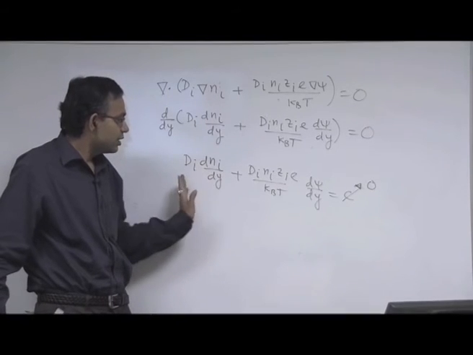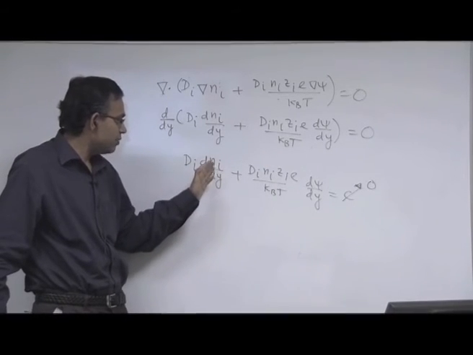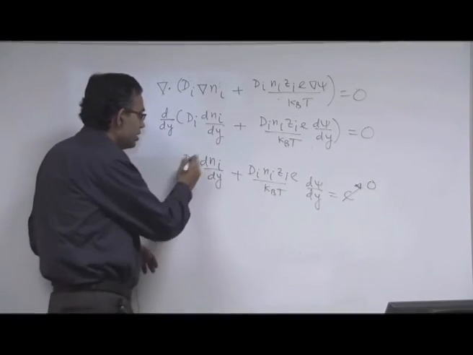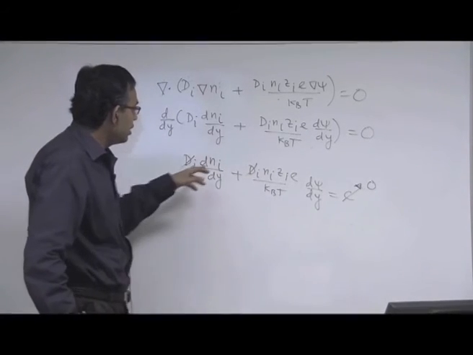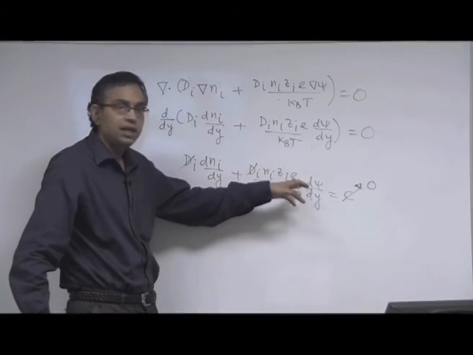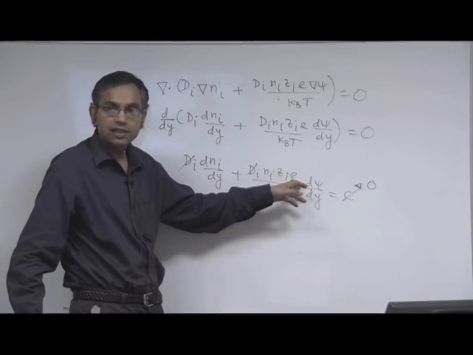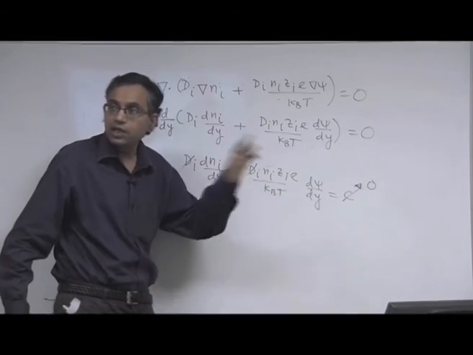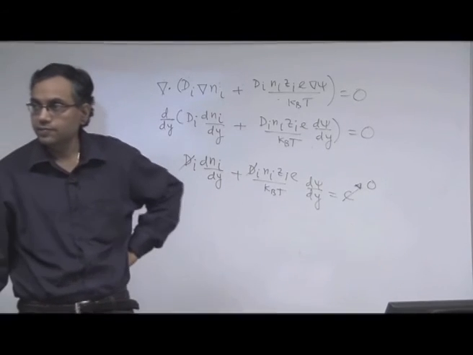You just cross the various terms: dNi by Ni is equal to minus, so this Di gets cancelled, dNi by Ni is equal to minus Zi e by kBT d psi. That is the differential form of the Boltzmann distribution. So you can see that you can recover the Boltzmann distribution from this.